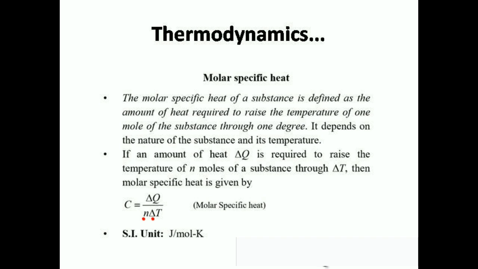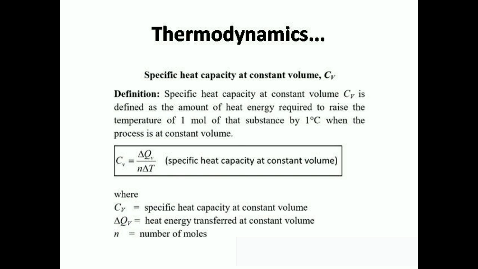Okay. Now, there are two types of specific heats: at constant pressure and at constant volume. The specific heat at constant volume is denoted as CV. The definition is the same, but here you have to use the words: delta Q at constant volume is defined as the amount of energy required to raise the temperature of 1 mole of a substance by 1 degree when the process is at constant volume.